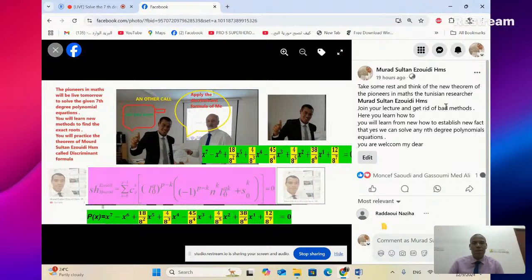Here we are going to see how we can really solve a polynomial to the power 7 using the theorem, also called the discriminant formula, of Murad Sultan Zwidi. So the pioneers in math will be live tomorrow.